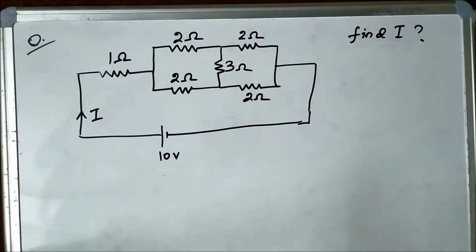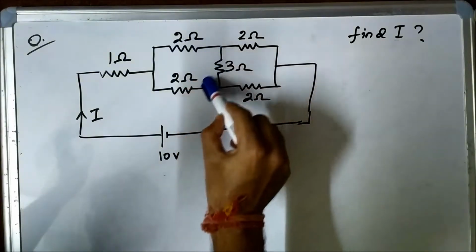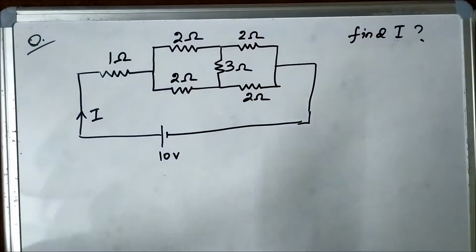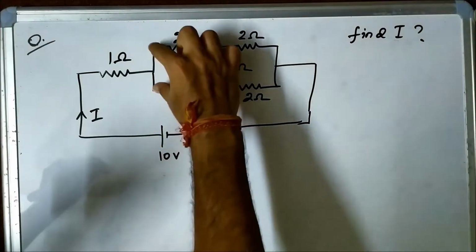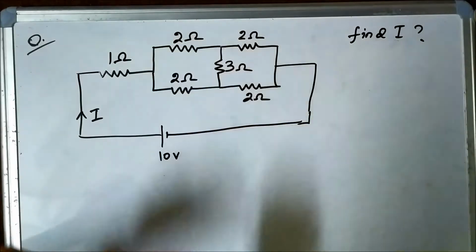Now, where to apply the delta to star transformation concept? Look at this connection of resistors. You can see a pi shaped structure here. If we combine these 2 points, then it will become a delta shaped structure.